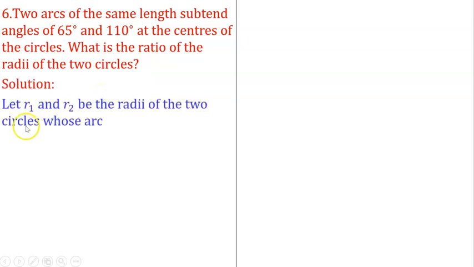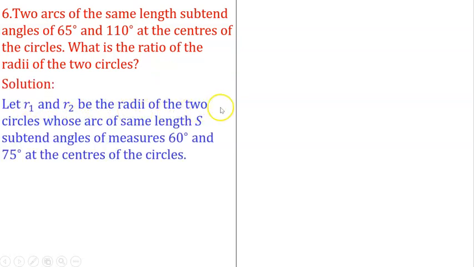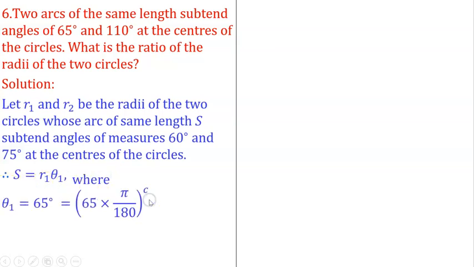Now the solution, let R1 and R2 be the radii of the two circles whose arcs of same length, capital S, subtend angles of measure 65 degree and 110 degree at the centers of the circles. S is equal to r1 theta 1, where theta 1 is equal to 65 degree. Convert to the radian by multiplying pi upon 180. Then you will get here 13 pi by 36.